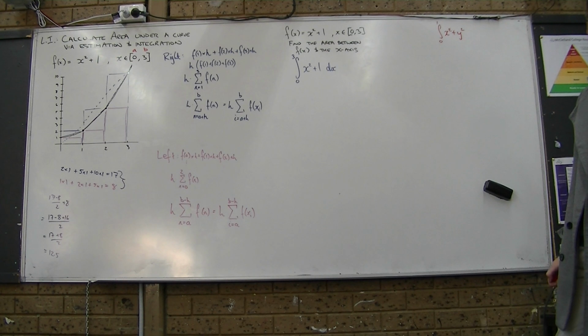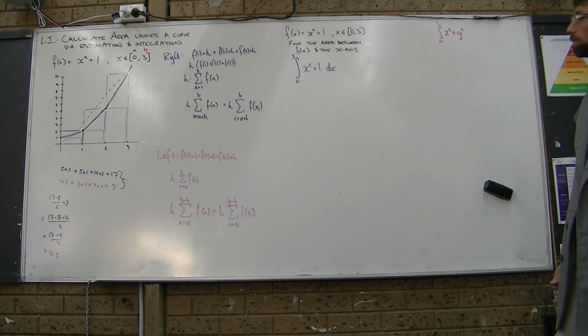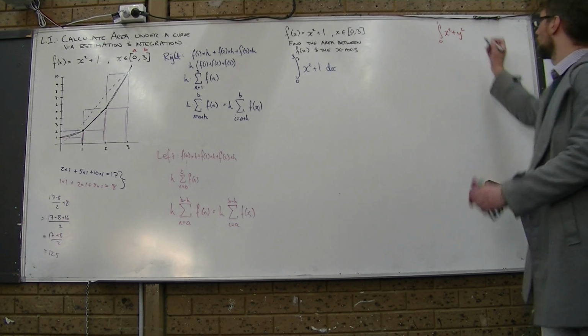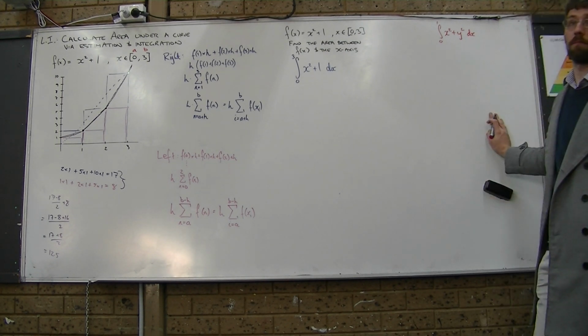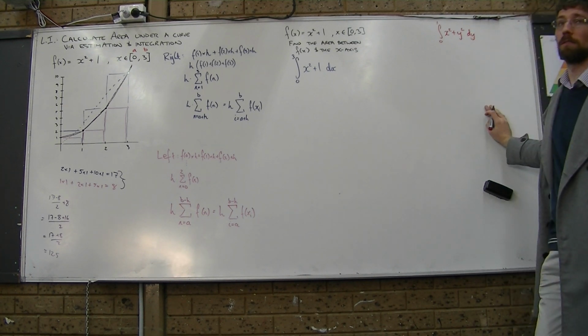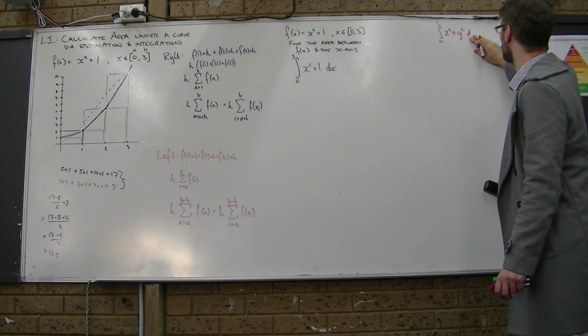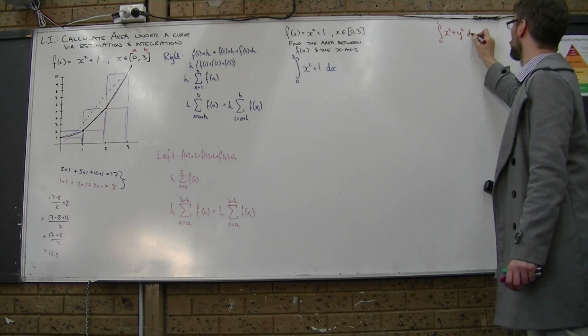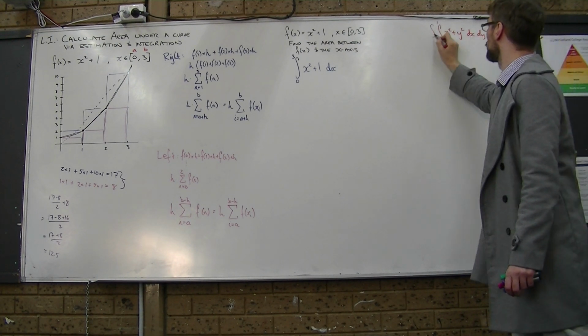X squared plus y squared. And also you can't actually put the dx because it doesn't make sense. You could do that, but you could also do that. And you can even do that.